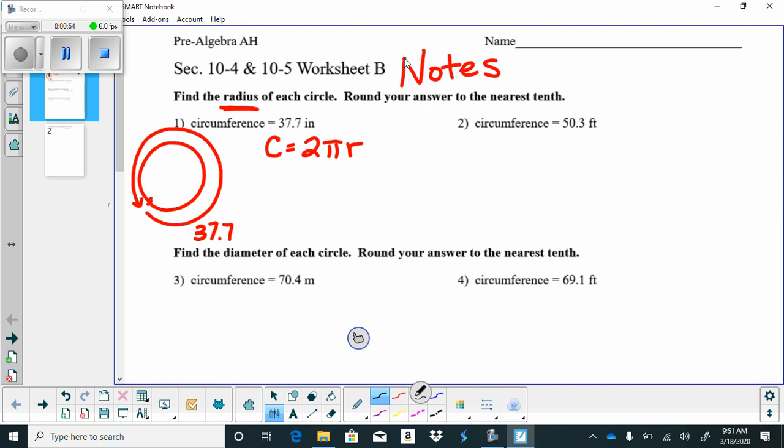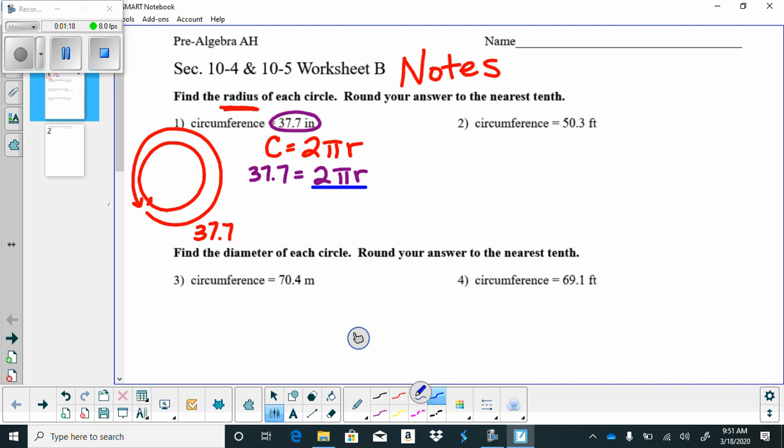All right, we're trying to find the radius. They have given us the circumference. So what you're going to do is just fill in your formula and solve for r. The circumference is 37.7. And think about how you're going to solve for r. We did this back when we were doing literal equations.